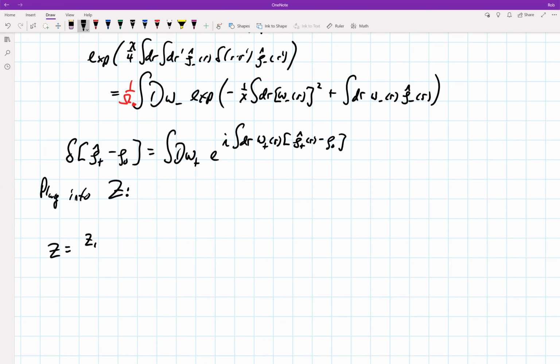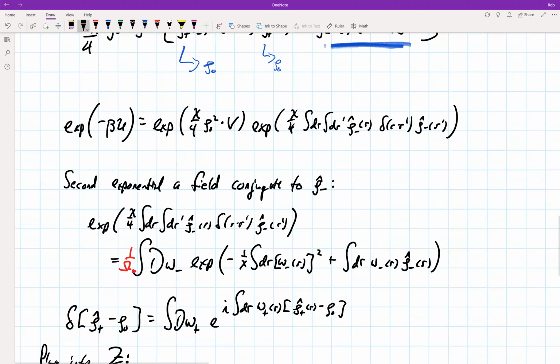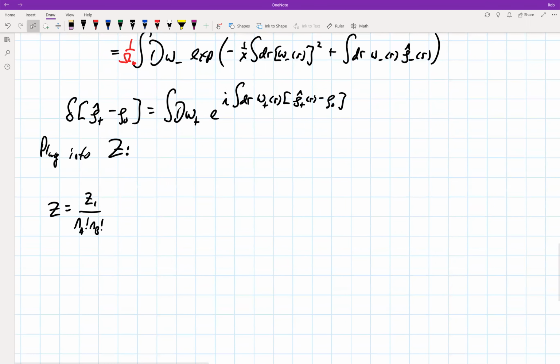We have a new family of constants from this term. We have our NA factorial and NB factorial. The omega 0, the normalization constant of the Gaussian, is also getting buried in Z1.